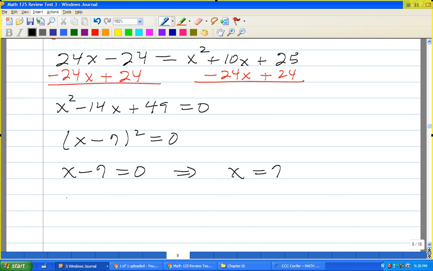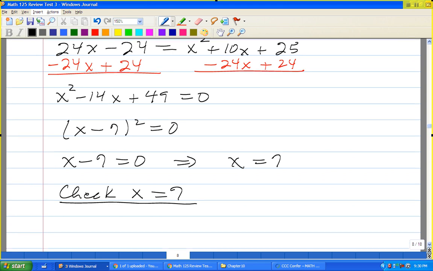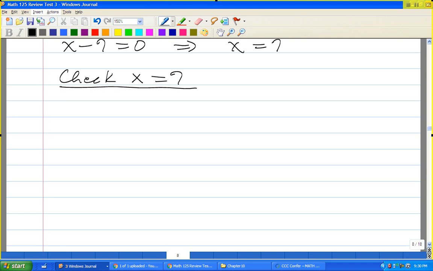Now let's check x equals 7. And so is x minus the square root of 24 times x minus 24 equal to negative 5? Okay, so let's check.